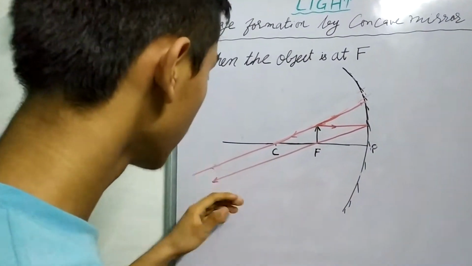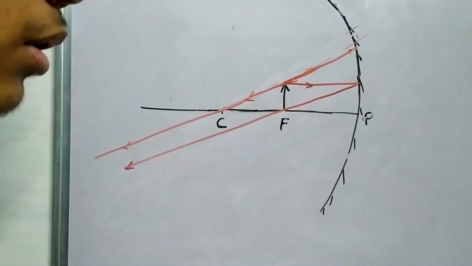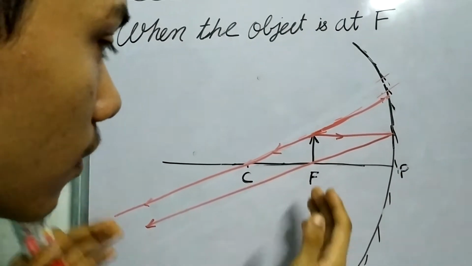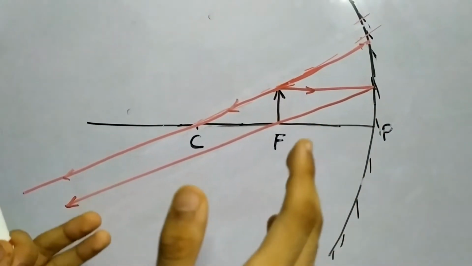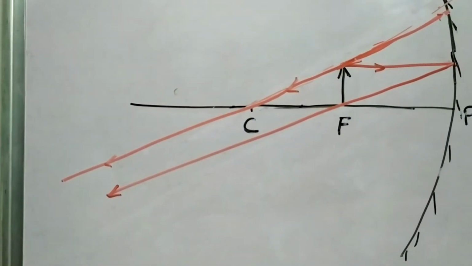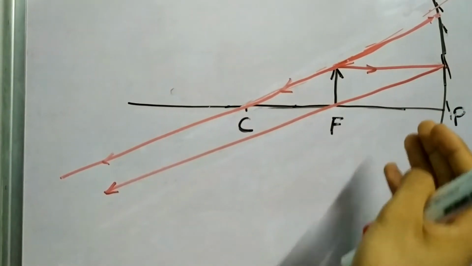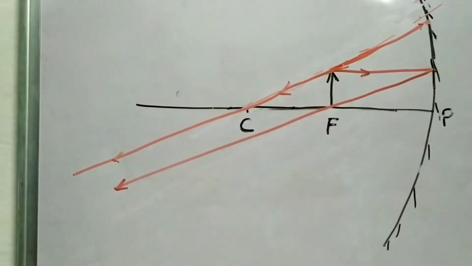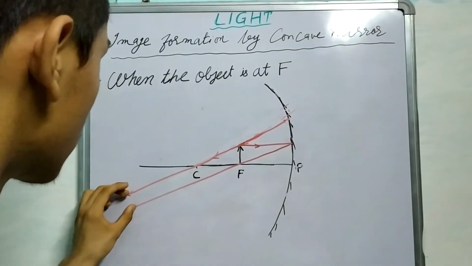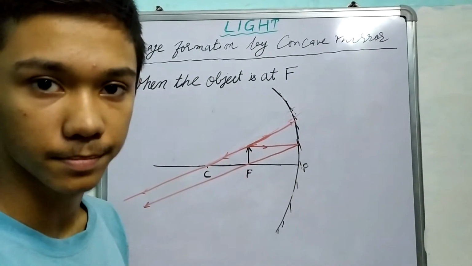And these rays are very nearly parallel, so they also must meet at a point which is at a very large distance from this focus. Now we consider that these two rays, if they meet, they will meet again at a very large distance from the mirror, and we say that these rays meet at infinity. Therefore, the image will form at infinity.